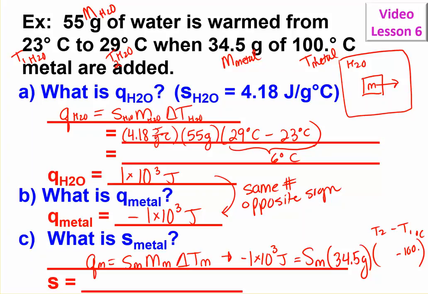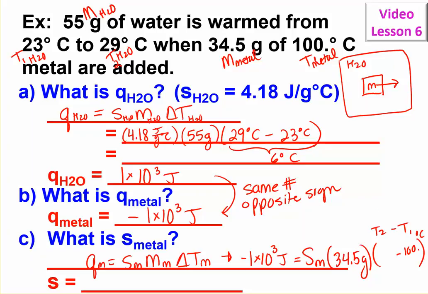What do I use for T2 for the metal? Well, the assumption that we make in the lab is that we put the hot metal in the water and we let it sit long enough until the temperature of the metal is equal to the temperature of the water. That's what we call thermal equilibrium. That's when heat is no longer transferred.